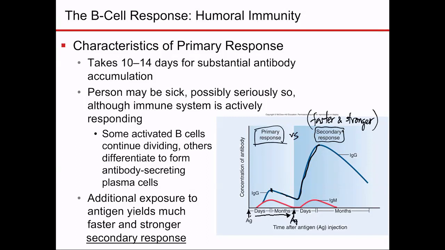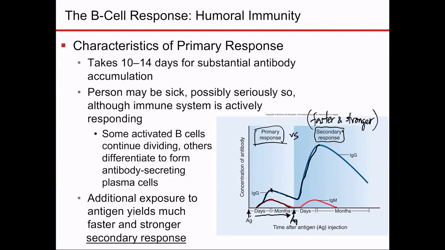Now, I'll also point out that when the antigen presentation happens, at the very beginning it would be IgM. And this looks like a T-dependent antigen that is allowing those B cells to switch to IgG. Usually IgM doesn't last for too long.